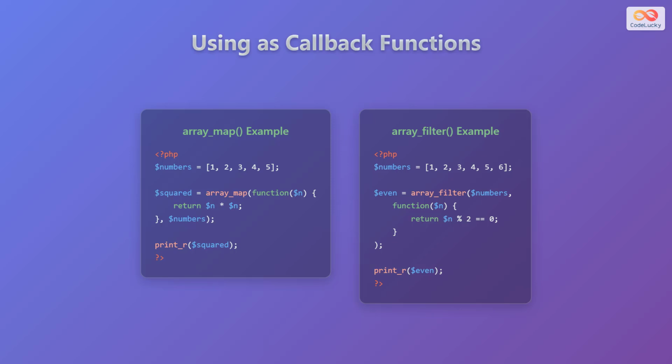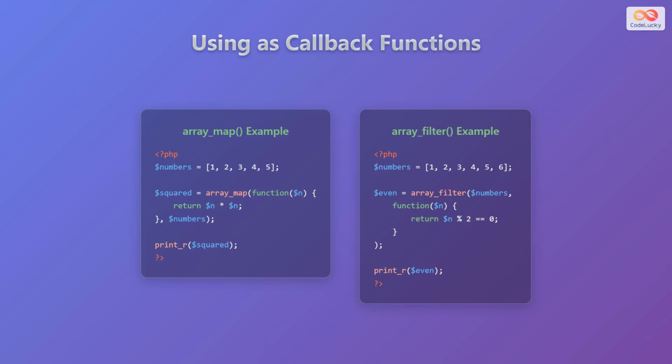The array_map function takes two arguments. The first argument is an anonymous function that takes $n as an argument and returns $n times $n. The second argument is the array $numbers. The result is that each element of the array $numbers is squared. Then the result is assigned to the array $squared. We can display the contents of the array with the print_r function.